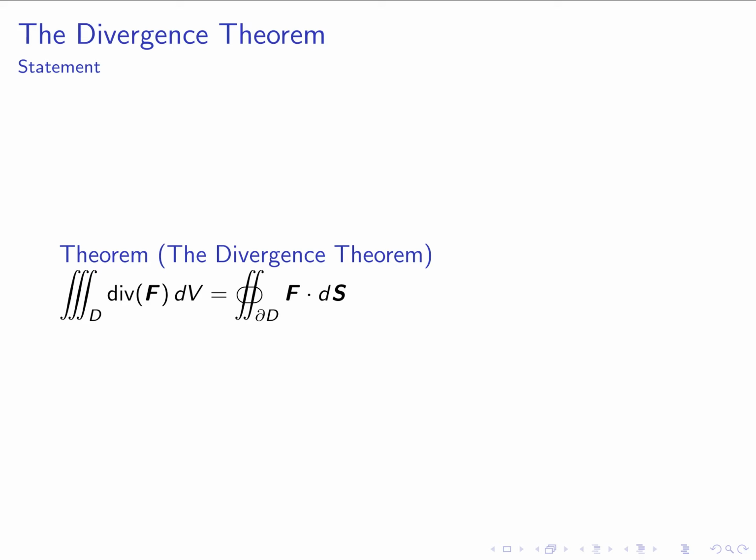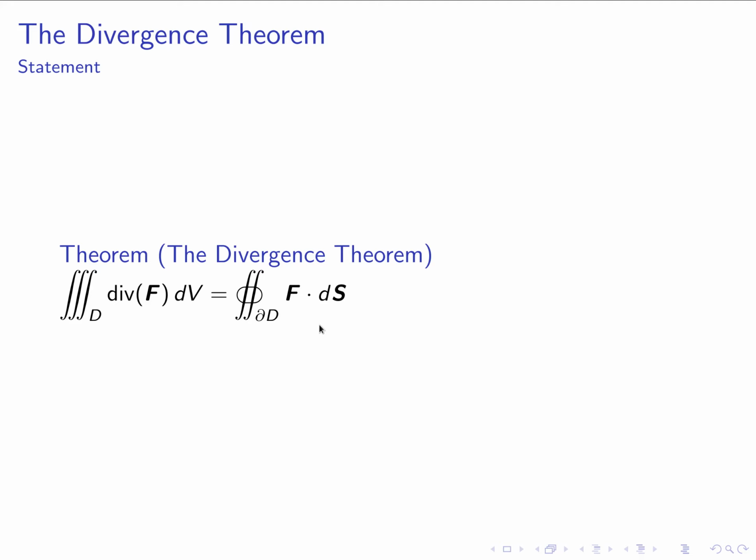This idea naturally presents us with the so-called divergence theorem. The flux out of a domain, which is the surface integral of the vector field over the boundary of the domain, is supposed to measure the net flow out or into the vector field.